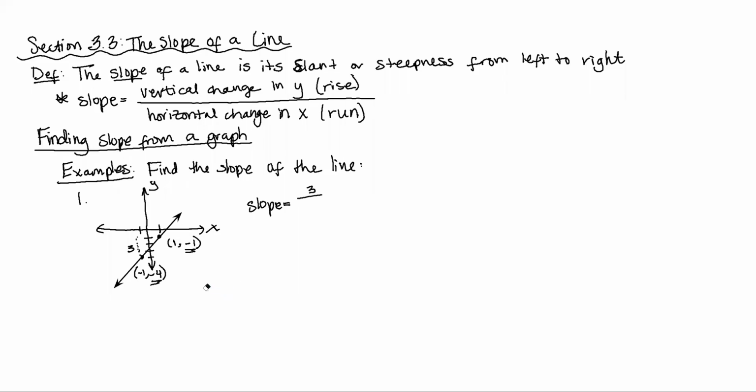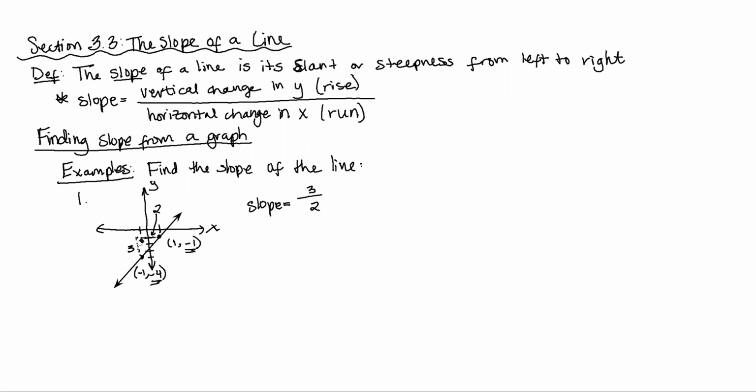And now if we look at our horizontal change, we're going from an x coordinate of -1 to 1. So that's a change of 1, 2. So that's our horizontal change. Again, if we subtracted 1 minus -1, we get 1 plus 1, which is 2, which is what we get right here. So the order in which you subtract them is going to make a difference. So just remember, if you're finding it from the graph, if you're going up and to the right, it's positive.